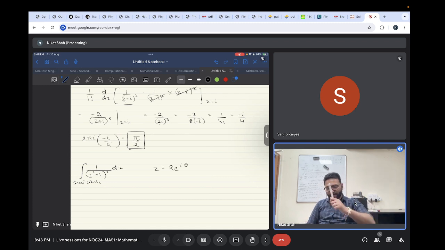So for the semicircle part, we can write z is equal to r e raised to power i theta. So dz is equal to i r e raised to power i theta d theta, which is i z d theta.